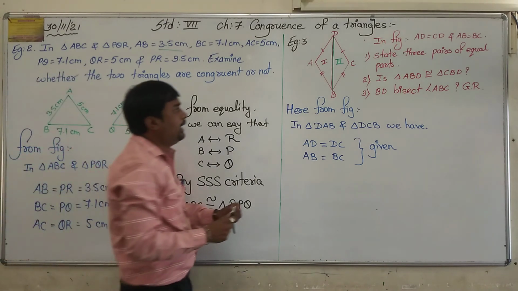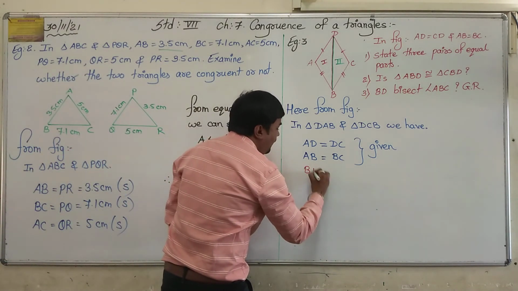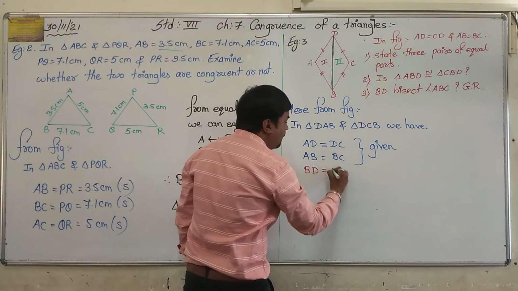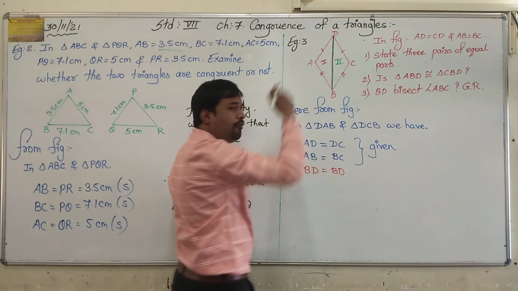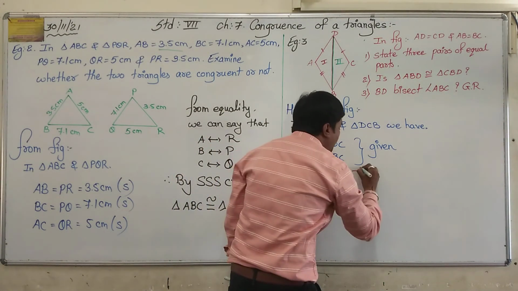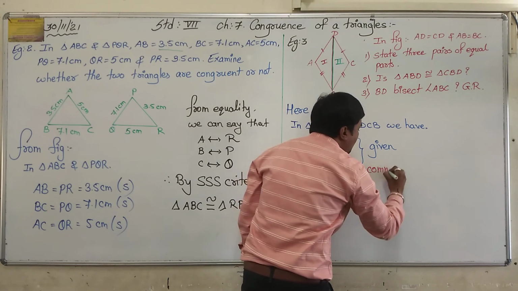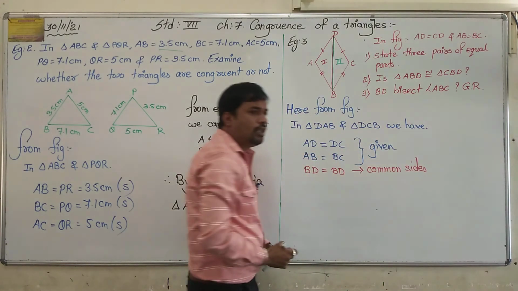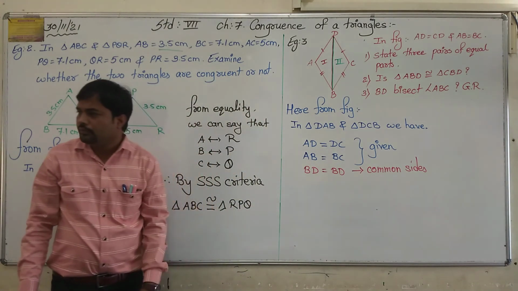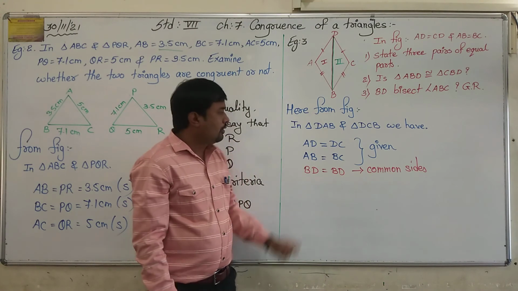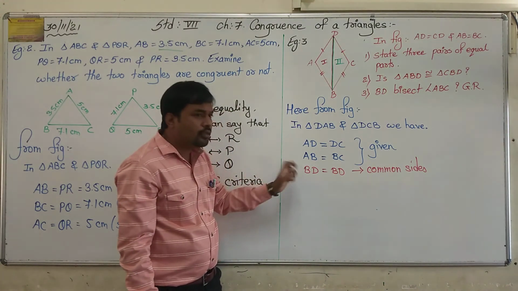So BD of the first one is same as BD of the second one. What is the reason? Common side. It is common to both. Right? Your first question is done. They asked to find three sides, so we wrote the equal parts.